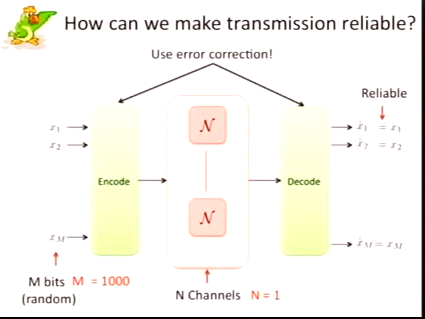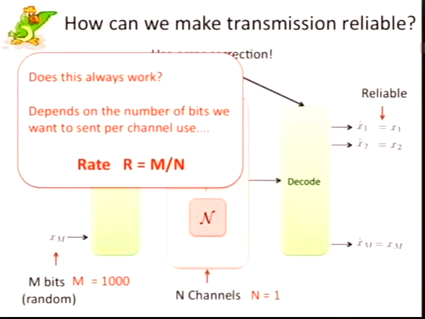So you can think of, I can only store one bit, and that one may be also a bit noisy. So do you expect this to work? I guess probably not. And so it depends on what is called the rate, namely the number of bits that we want to send per channel use. So here's the number of bits m and the number of channels n.